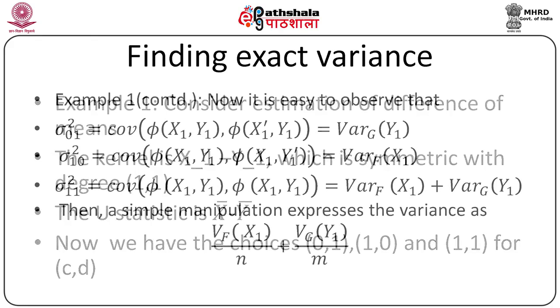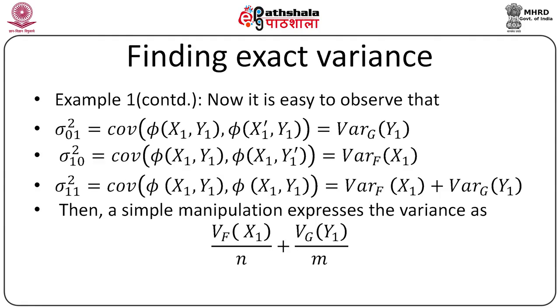Now, by definition, sigma square 0, 1 is a covariance between phi x1 y1 and phi x1 dash y1, where x1 and x1 dash are two independent copies from F. Thus, we get sigma square 0, 1 as the covariance between x1 minus y1 and x1 dash minus y1.